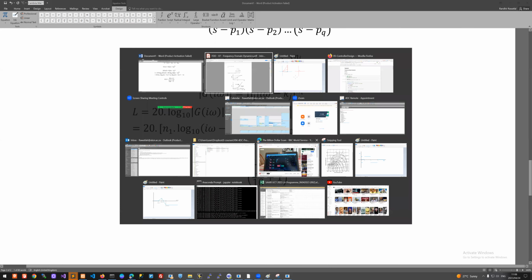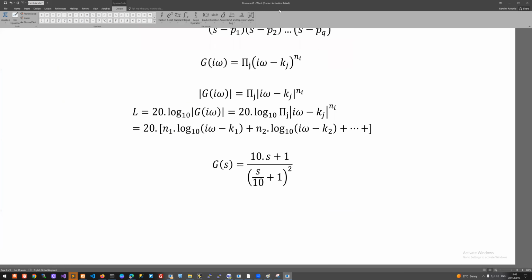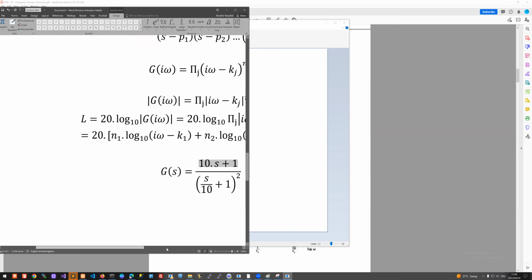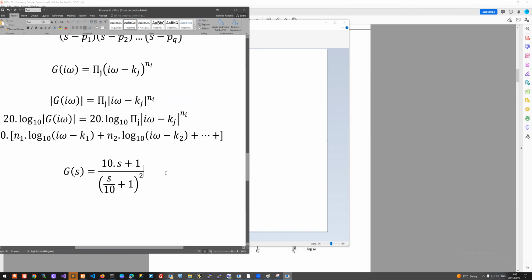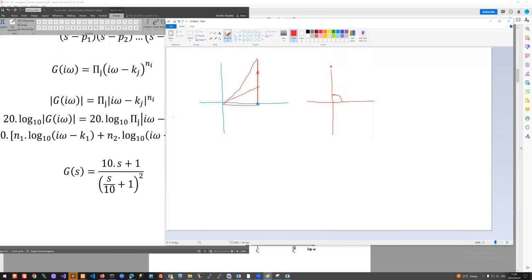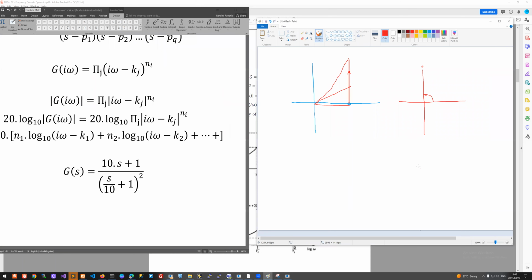So let's sketch it here. Let's try and get these on the same page. Right, so this is the function we are trying to draw. So let's draw this piece first, 10S plus 1. And we are doing the L versus log omega.